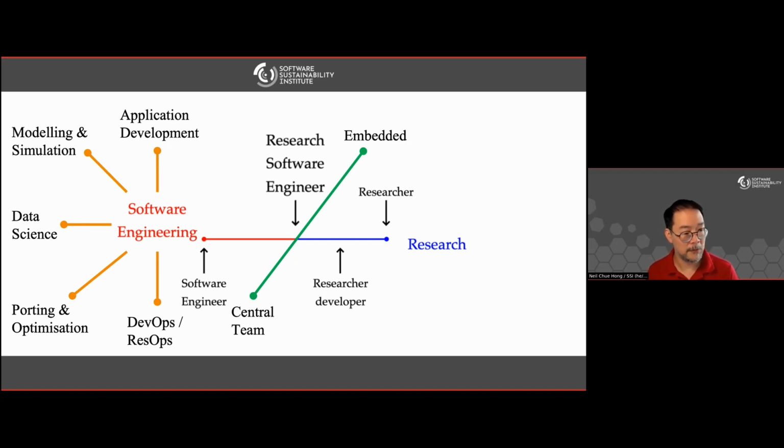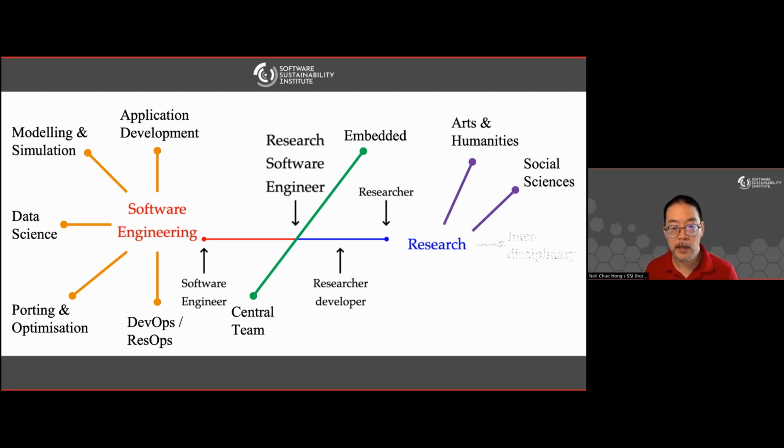We also have RSEs who are looking more towards the hardware, operating in a DevOps or ResOps role. And you have people who are looking at the development of applications or web apps or mobile apps. So we have such a wide breadth of different roles from a software engineering perspective that can be applied here.